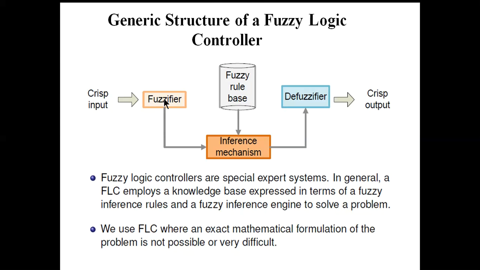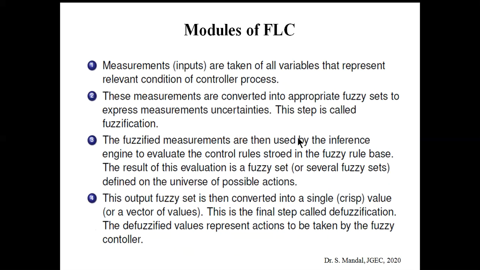So the fuzzified input goes to the inference mechanism, where by using the fuzzy rule base or fuzzy inference system, we get some kind of fuzzified output. But in real life, whenever we want to use the output, that output should be a crisp value. So we need another module that is known as the defuzzifier. The function of the defuzzifier is to convert the fuzzified output into a crisp value so that we can use it in a real life scenario.